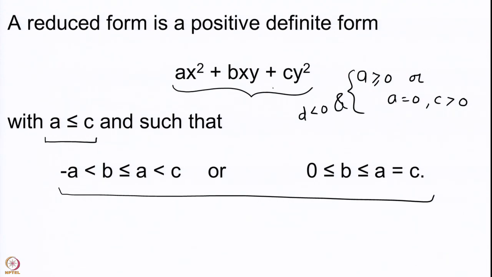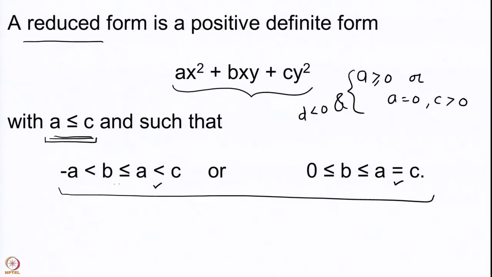Then for the form to be reduced, a has to be less than or equal to c, and depending on whether a is equal to c or a is strictly less than c, we have the behavior of b which is controlled by a.